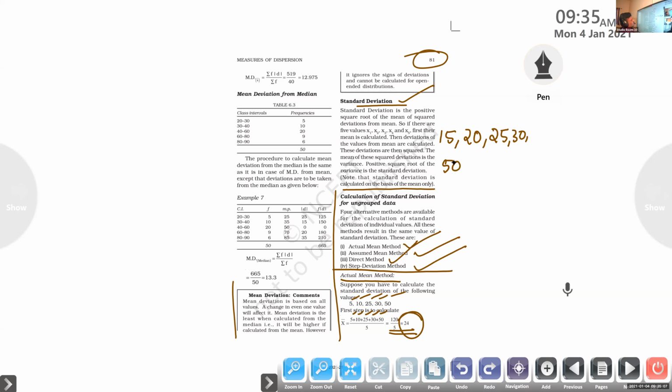First of all, find out x bar, sigma d square, then the standard deviation, all these values first.